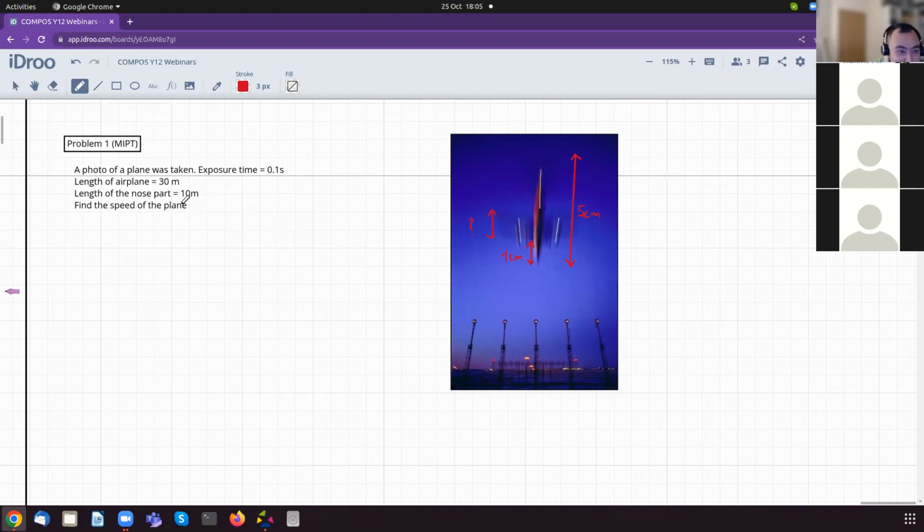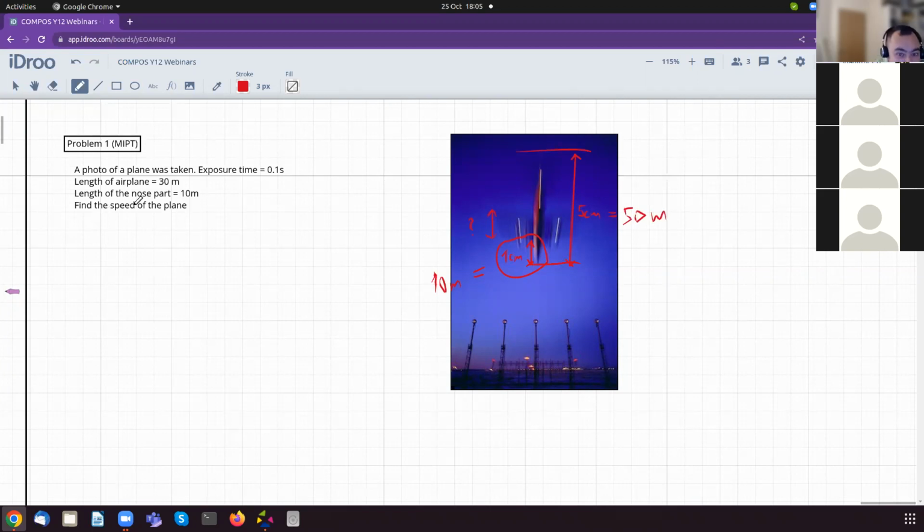The length of the nose part is 10 meters. And on the photograph, it's 1 centimeter. So this is how we get the scale. So this is 10 meters. So if 1 centimeter is 10 meters, then the whole shadow of the airplane from here to here is 50 meters.